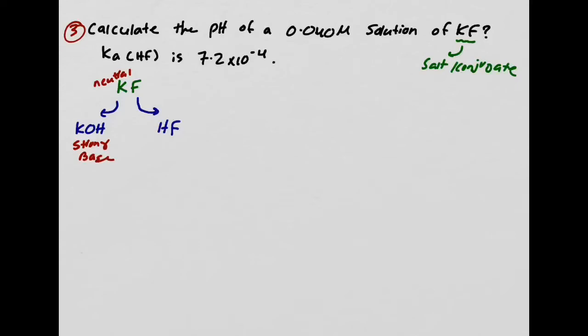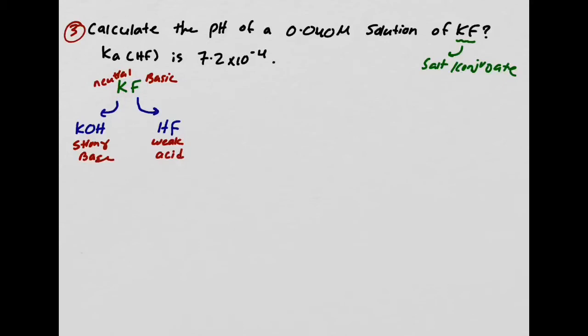Now here, HF is a weak acid. If you have a weak acid, the conjugate is going to be basic. Again, one more time, what I have is a salt, so I have some sort of conjugate. The first one usually comes from a base, the second one comes from the acid.